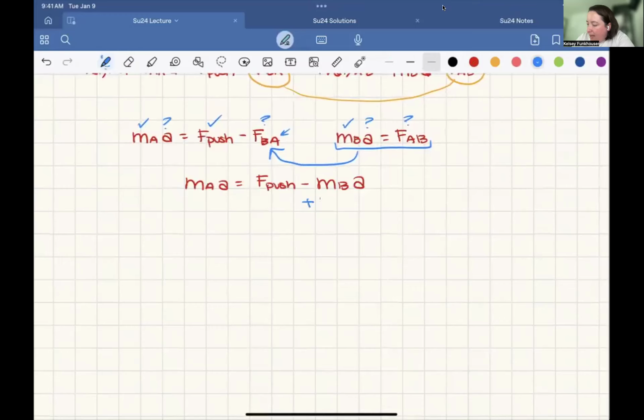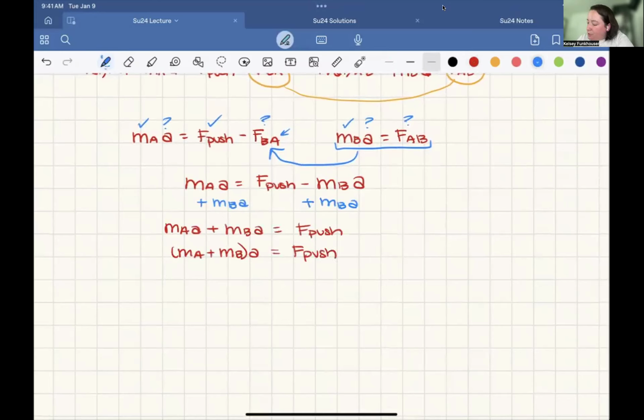I'm going to add mass B times acceleration to both sides because we're solving for acceleration, so we want to get it on one side of the equation. So MAA plus MBA equals the pushing force. And then I'm just going to factor the acceleration out, so that looks like MA plus MB times the acceleration equals the pushing force.